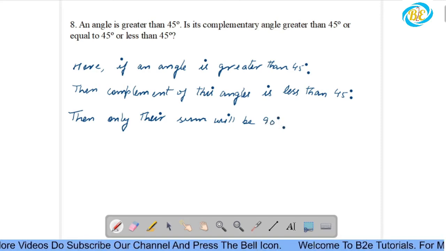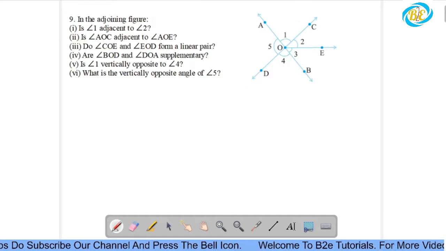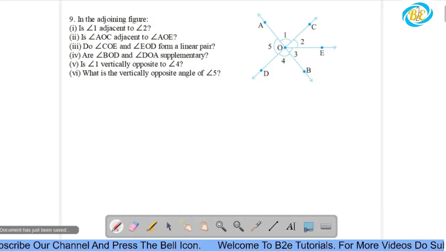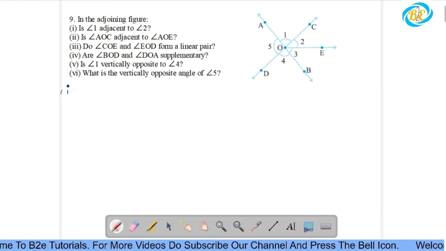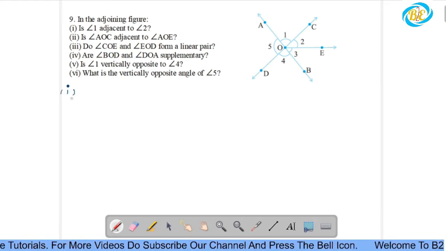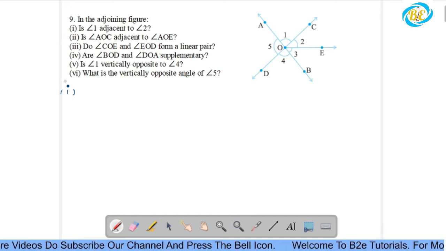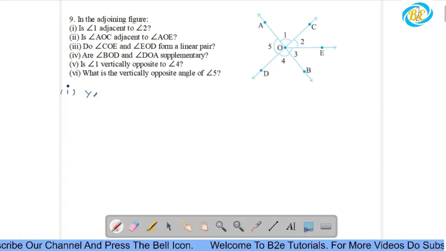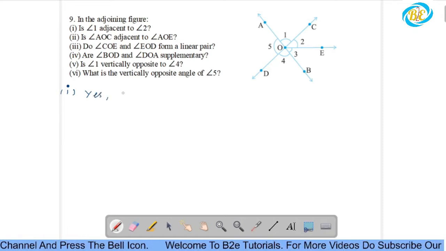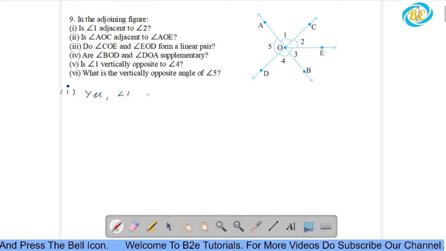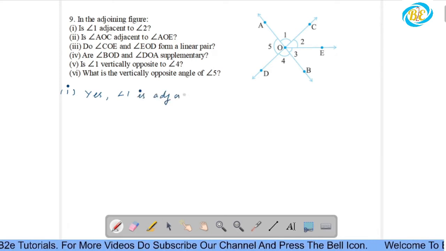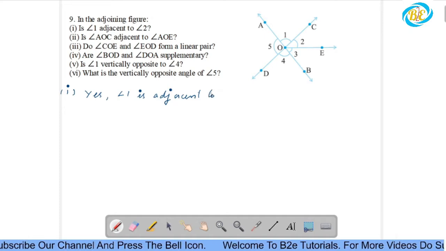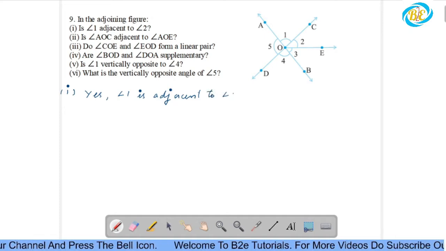Come to next. Question number 9. In the adjoining figure, first part, is angle 1 adjacent to angle 2? Yes. Angle 1 is adjacent to angle 2.